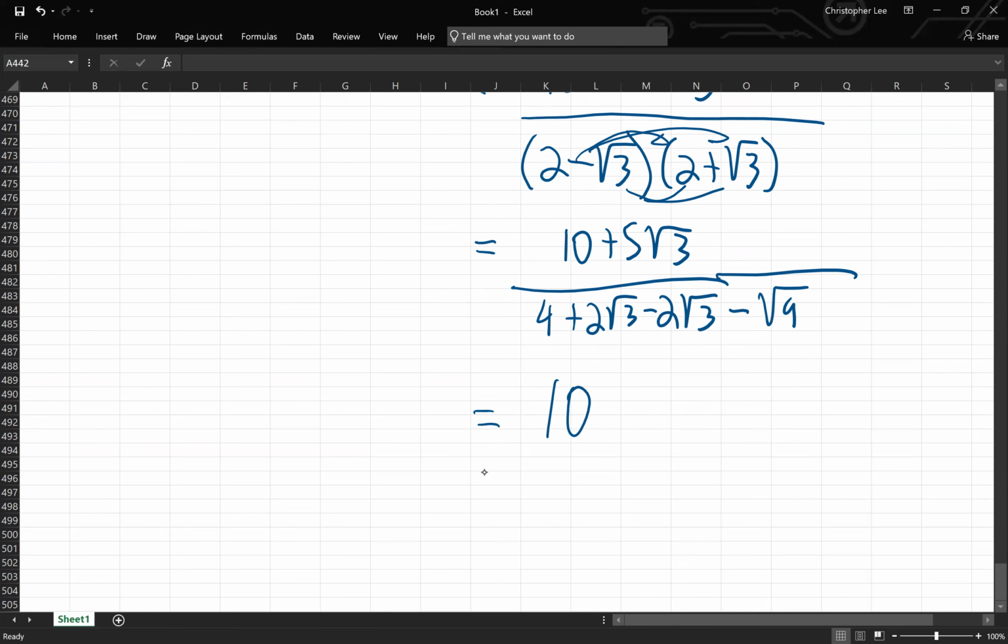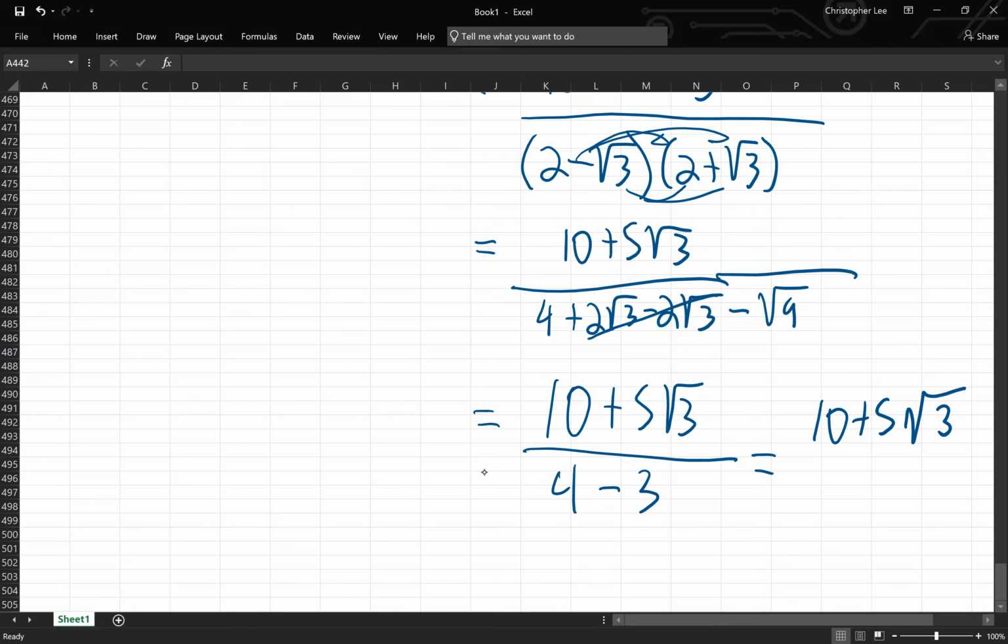So this becomes 10 plus 5 square root 3, right? Middles of this will cancel out over, what's this, 4 minus square root of 9 is just 3. So final answer, 10 plus 5 square root 3 over 3. Questions on that?